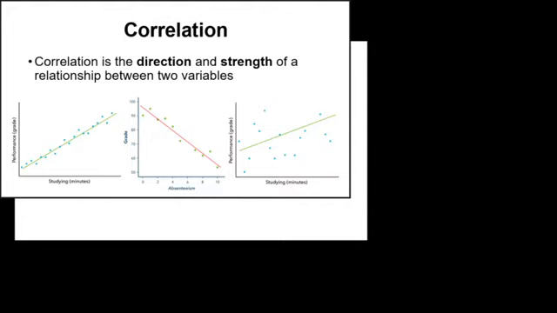So we have 3 examples here. The first one would be a positive correlation. I'm actually going to end up bouncing back to this slide a couple of times as we work through extra examples, because if you haven't learned this stuff before, it's a little bit abstract to think about. So if you already know about correlations, you can zone out a bit, but if you haven't, we're going to go over them a couple of times.